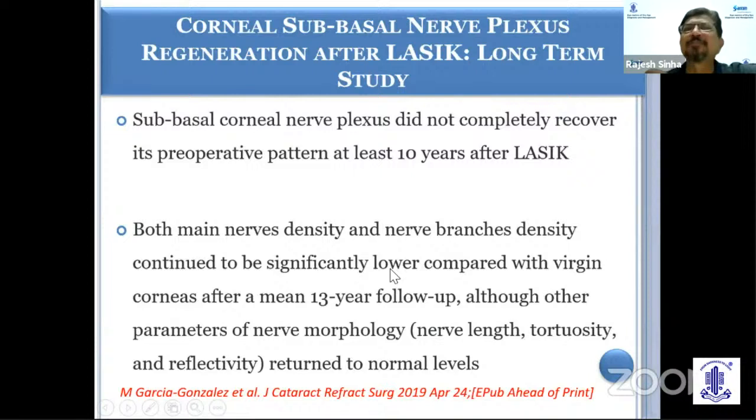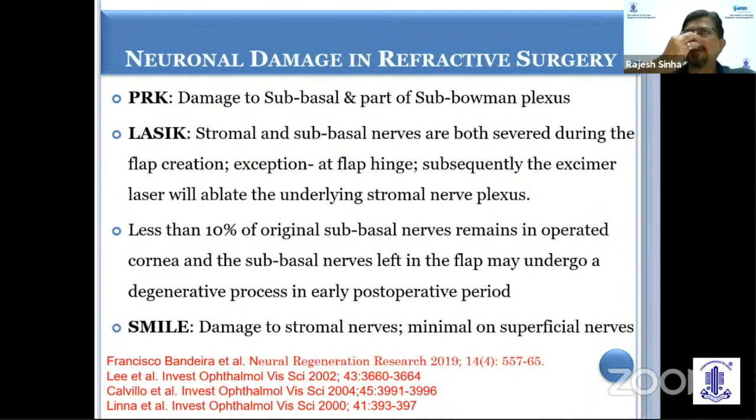Both the main nerve density and the nerve branch density continued to be significantly lower compared with virgin corneas after a mean 13-year follow-up. Although other parameters had recovered, the nerve density was not as good as it was in a virgin cornea or preoperatively.